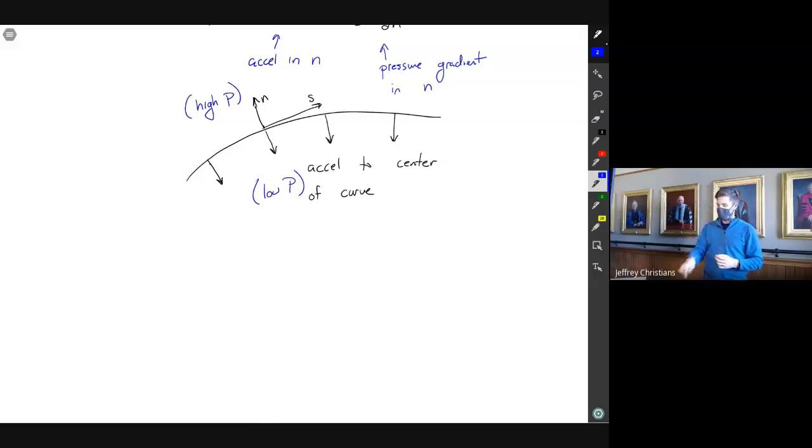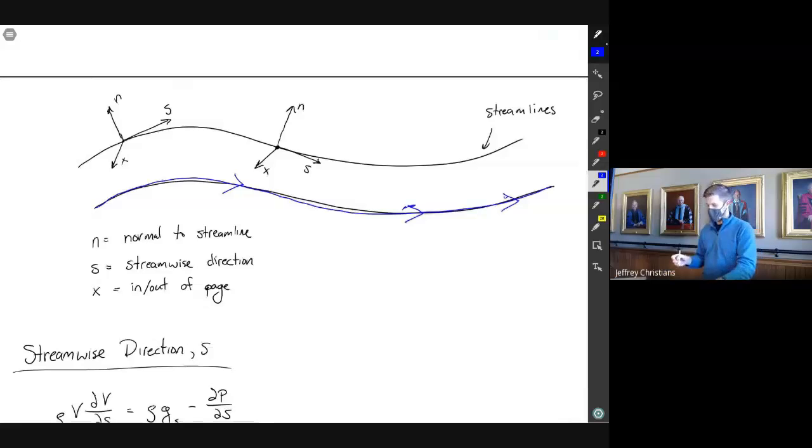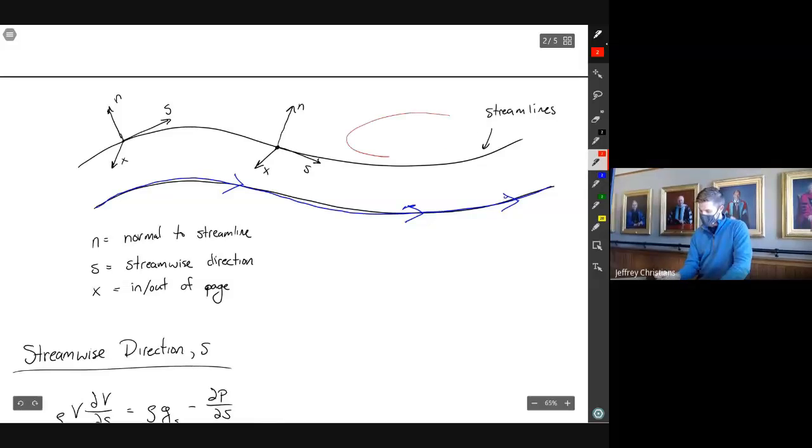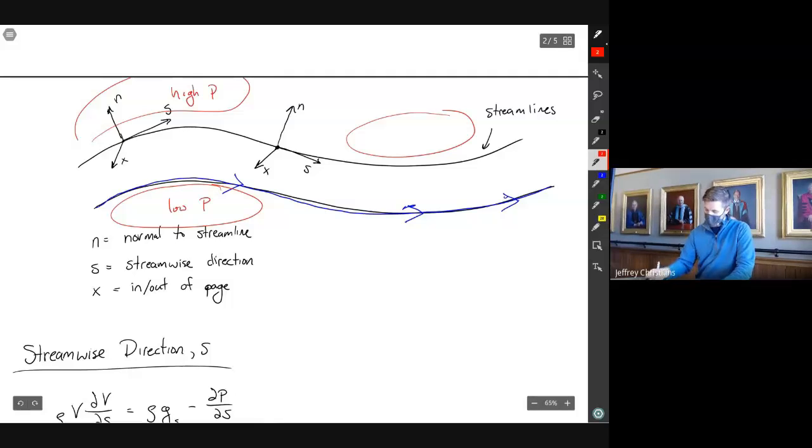So when you look at streamlines like this, you can say right away without really knowing anything else, this is a low pressure spot relative to the other pressures in the flow. And up here, that's high pressure. This is high pressure, low pressure, low pressure.